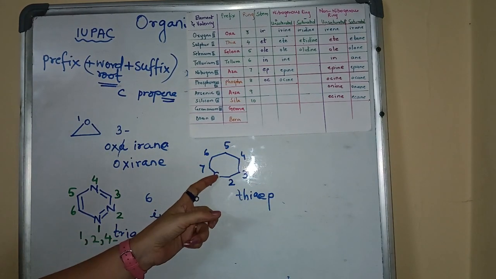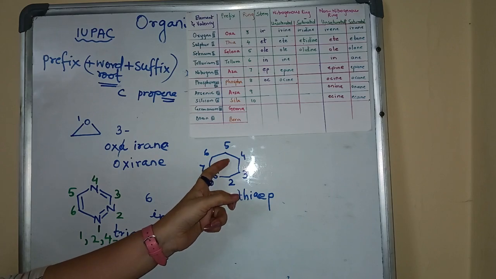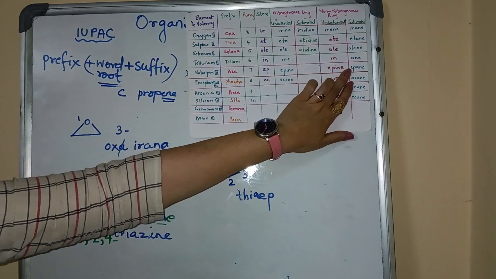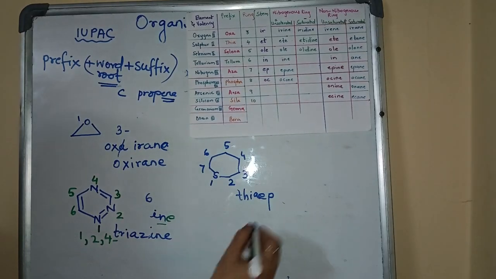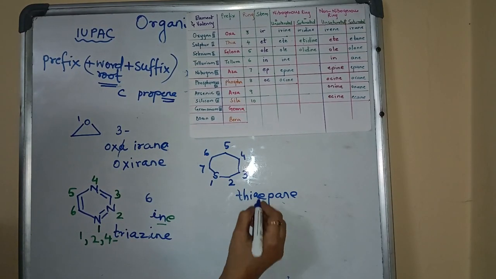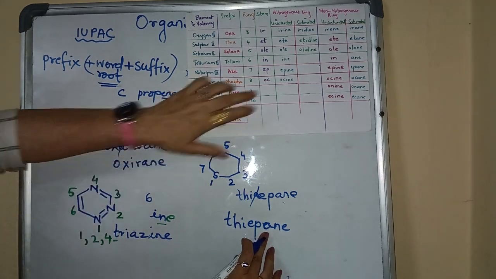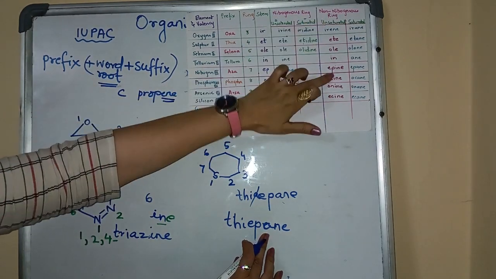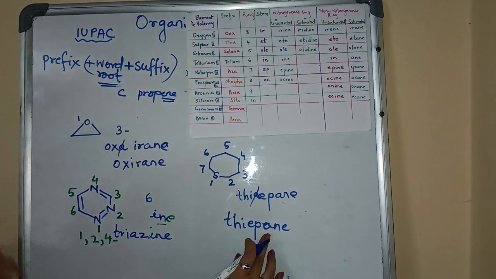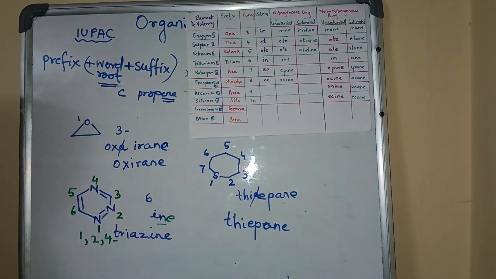It does not contain any nitrogen and it is saturated, therefore it is epane. Drop off this A, it is thiepane. If you write INE, it will become unsaturated. Here it is saturated, therefore we write it as thiepane.